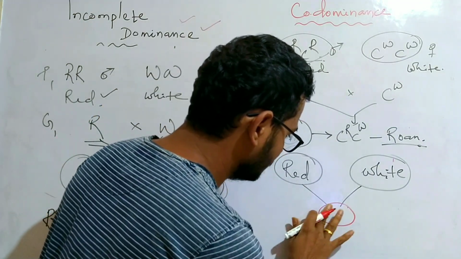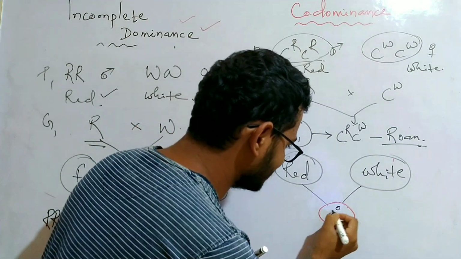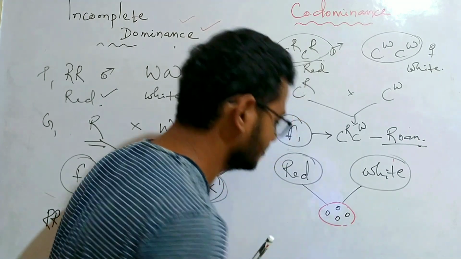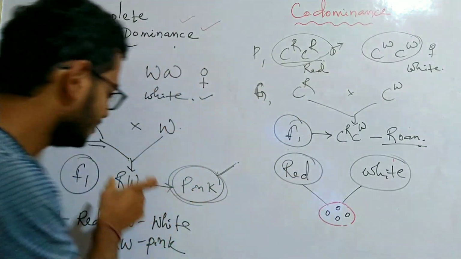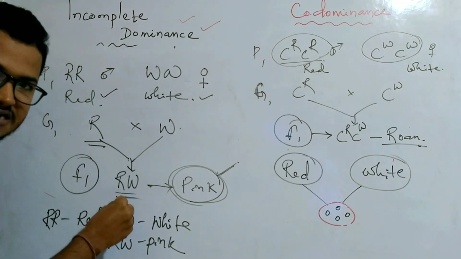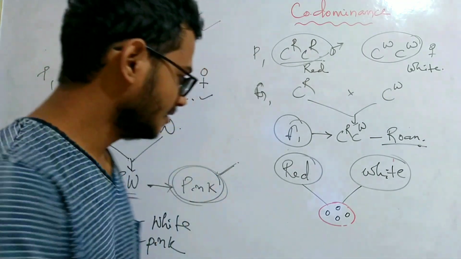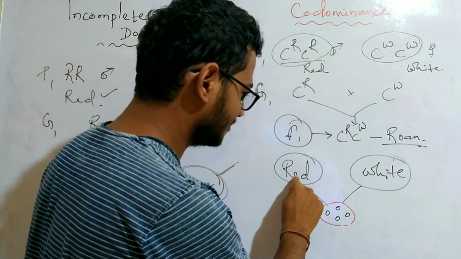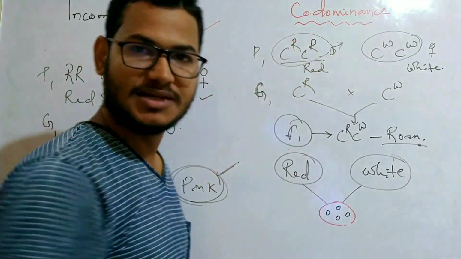The flower will be red, having white patches on it. So both the characters appear here, none of them is lost, and the character is not a mixture of both parental characters. Clear? Here the characters of the parents are seen together, so it is codominance.